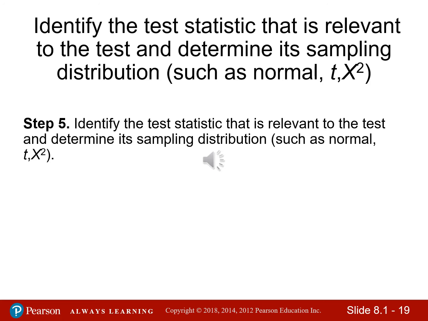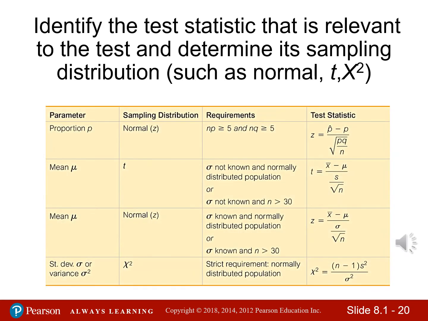In step 5, we identify the test statistic that is relevant to the test and determine its sampling distribution. Its sampling distribution could be a normal distribution, a t-distribution, or a chi-square distribution. The table on this slide lists the parameters along with the corresponding sampling distribution.